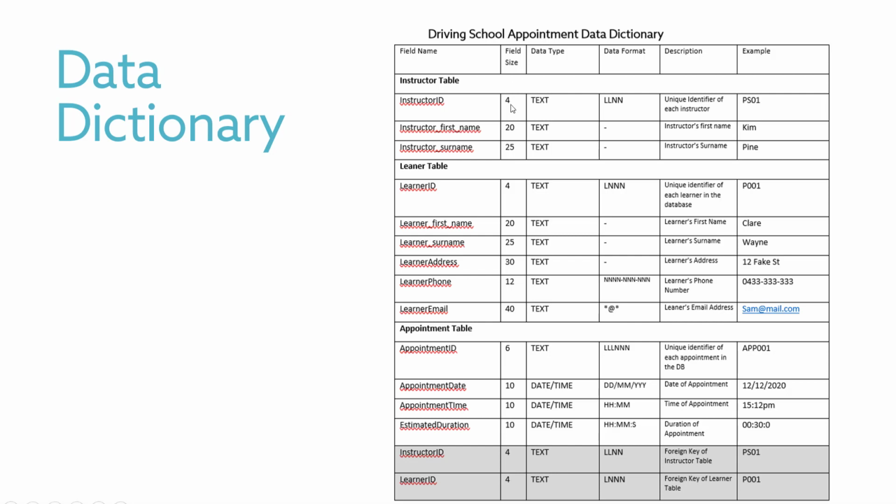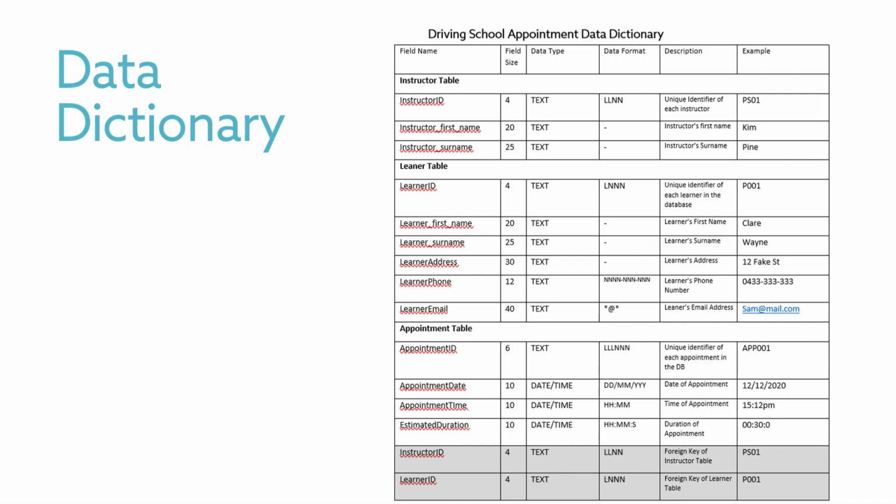The field size is going to be 4 because there are 4 characters here. The data type is going to be text because it's a mixture of letters and numbers. The data format is going to be LL, which stands for letter, and then number. And the description of the instructor ID is a unique identifier of every instructor in that database.